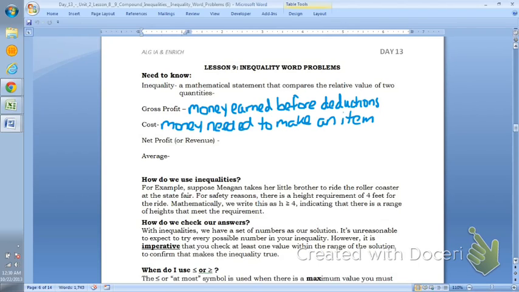So cost is something that you would subtract from your gross profit to get what's called your net profit, or the money that you earn after deductions. Or you can replace that word deductions with costs.